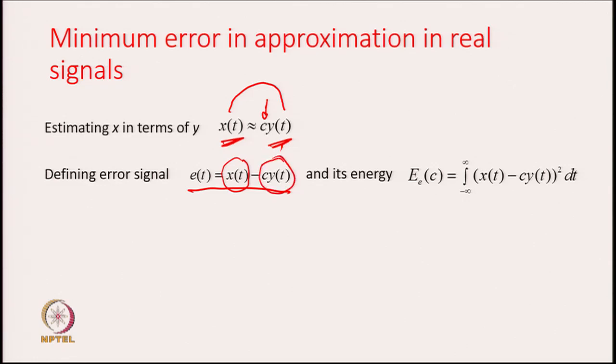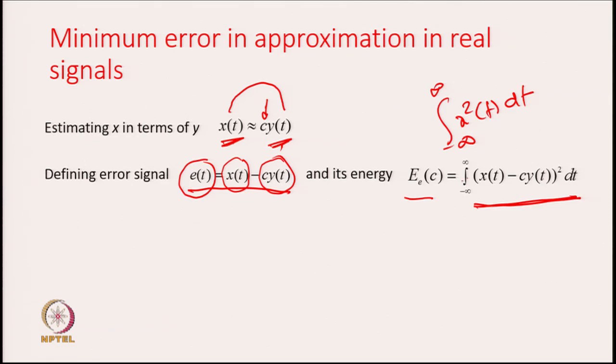I can also talk about the energy in the error signal. You know that the energy of a signal is this, and the error signal is this, so the energy in the error signal is this quantity.